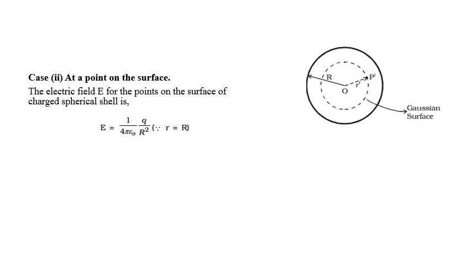The electric field E for point P on the surface can be done as E is equal to 1 upon 4 pi epsilon 0 Q over R square. It means here we have just used small r is equal to capital R. So you can calculate the electric field.